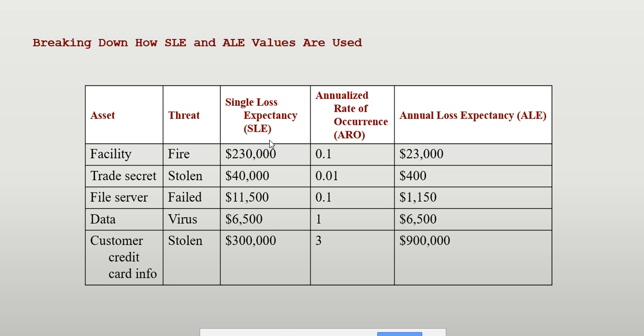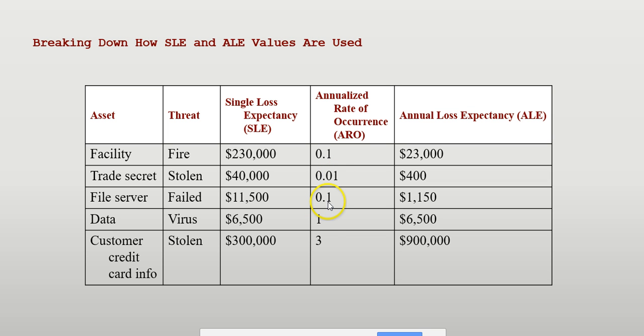So the way that this works, if we go in and figure these things out, you can look at it. Really, the most confusing thing for people is, well, what's this ARO? The ARO in this particular case is, hey, there's a 10% chance of the event occurring in a year. This is a 100th% chance.